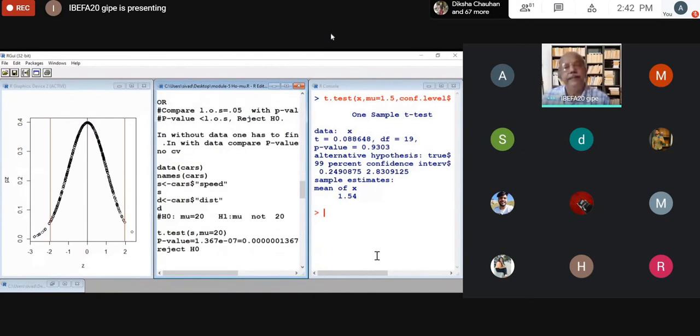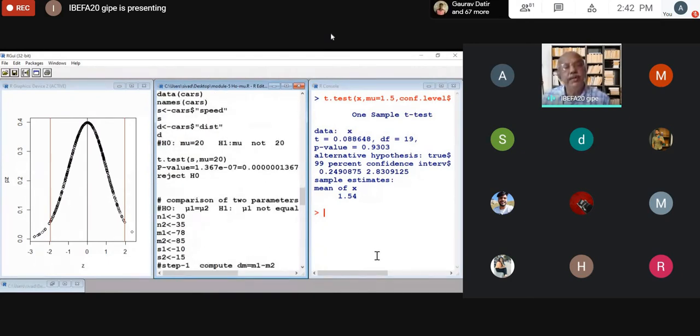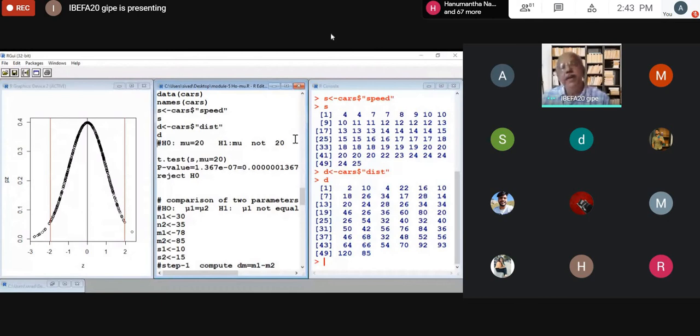Similarly, I have shown the data with cars: speed and the distance traveled by the car. For H0, I am talking about speed, 20. Apply the t-test again, with mu equal to 20.